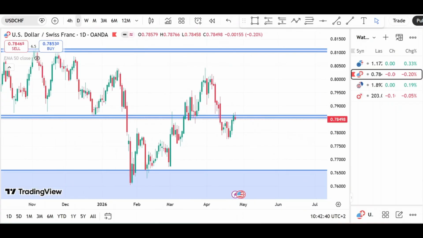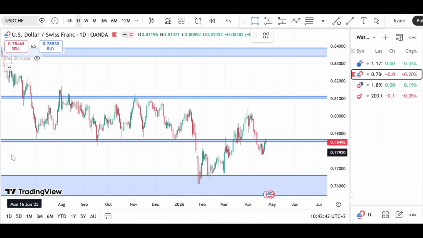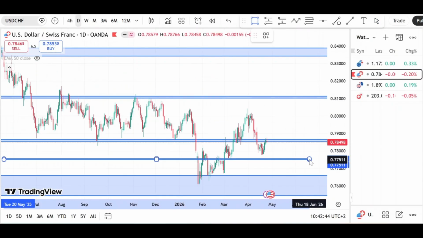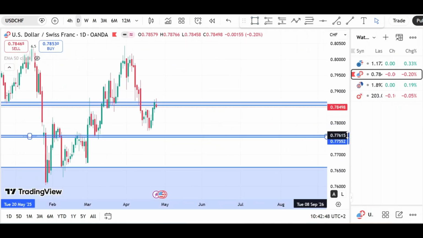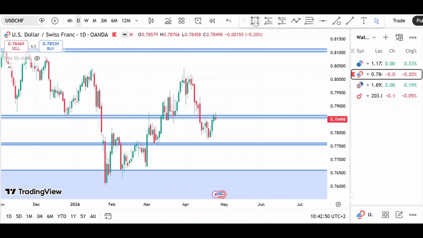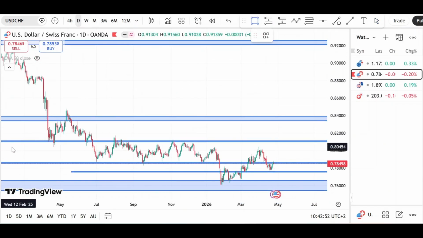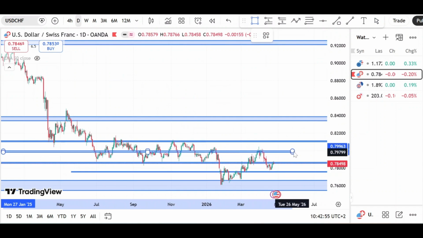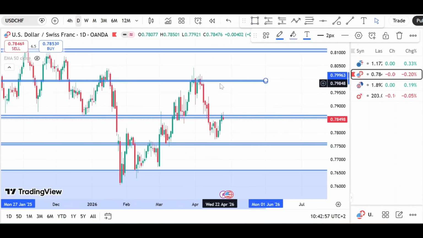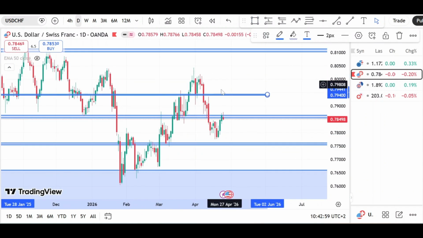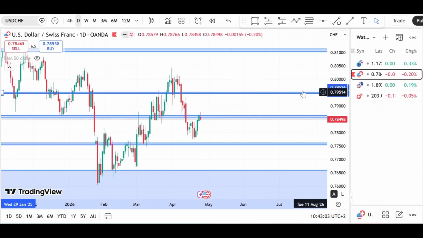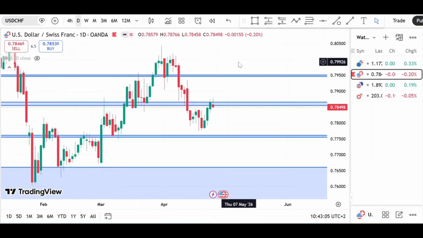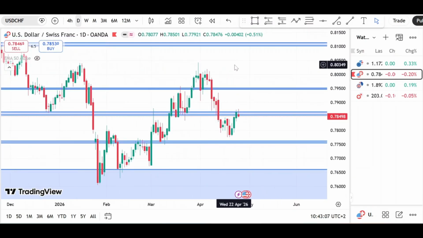Okay, something strange is happening here because we are in a very beautiful downward trend, which is very insane. We didn't expect to see this downward trend structure. So let me explain this.